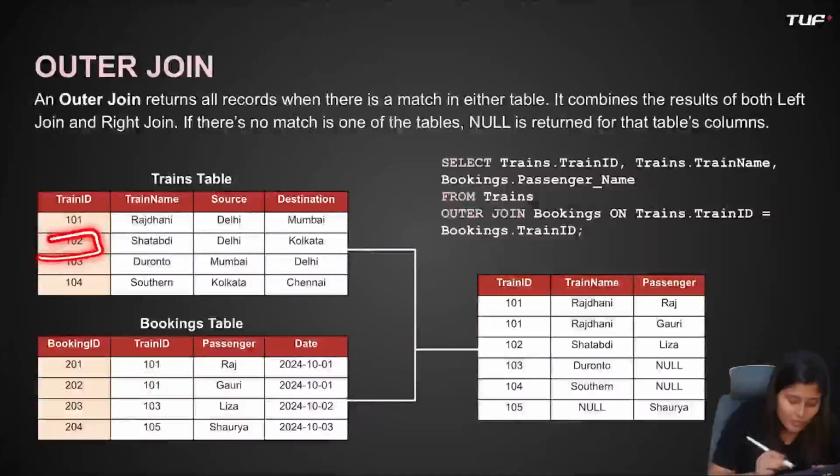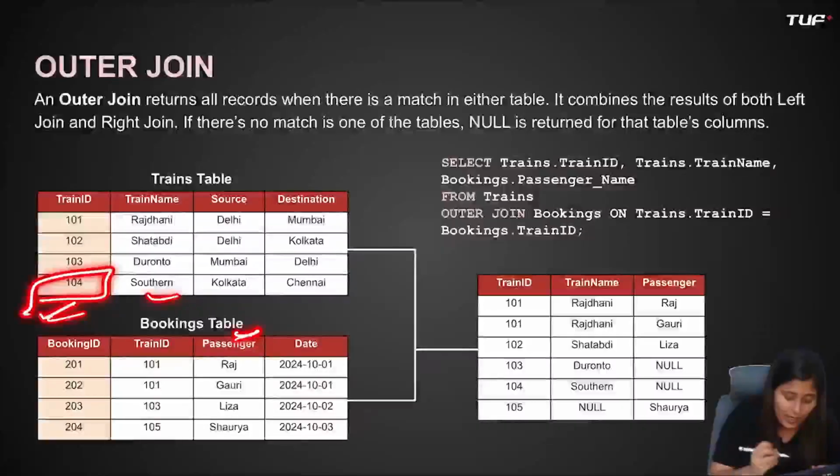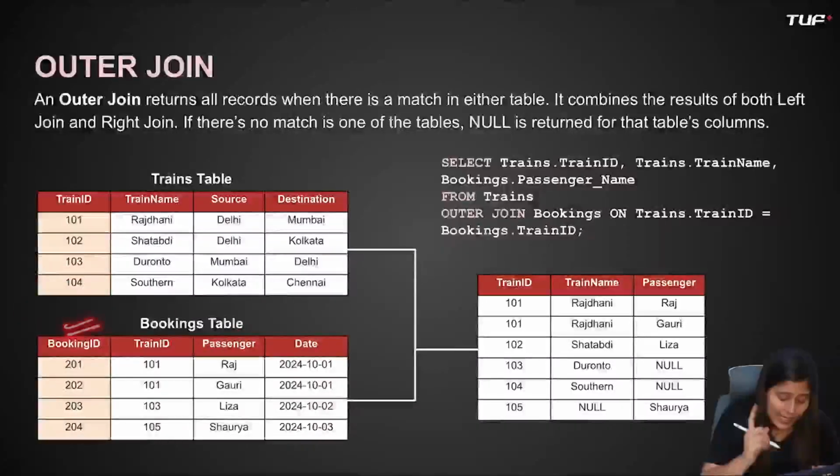102 is there in left, not in right, but we will select it. 103 is there in both cases. Now 104 is there, so we can find the train ID and train name from here.